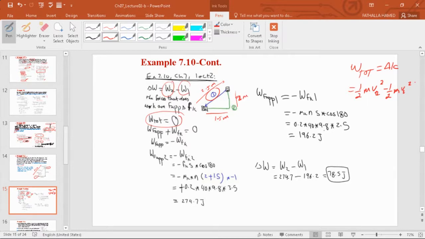So you're starting from rest and you're stopping. So you know that the total work is going to equal 0. But this total work comes from two things: the work that you do, which we call applied work, and the work done by friction, and that should equal 0. So the work done by the applied force should equal minus the work done by friction.